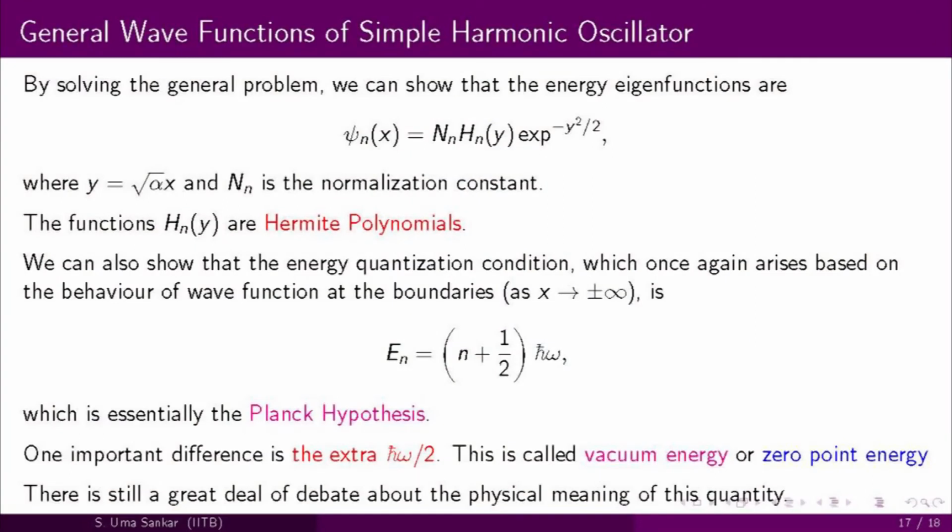But if you look up Shankar or any other book, you will find that the nth order energy eigenfunction psi n of x is some normalization constant N n times H n of y, times exponential minus y square by 2, where the variable y is square root of alpha multiplied by x, and N n, as I said, is a normalization constant.